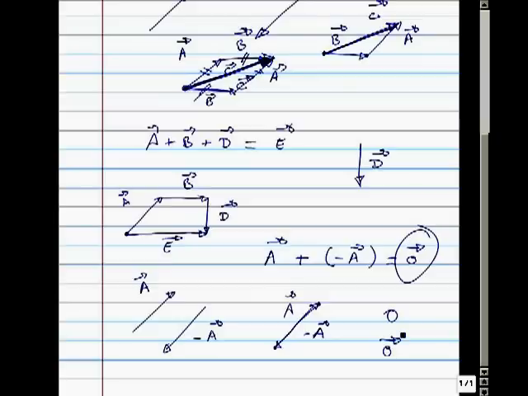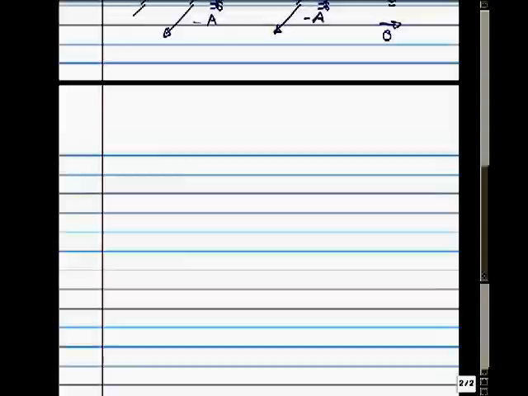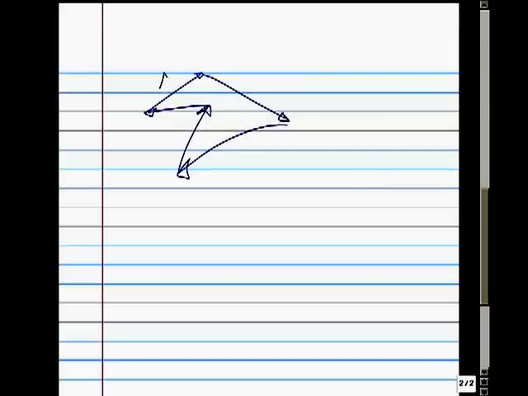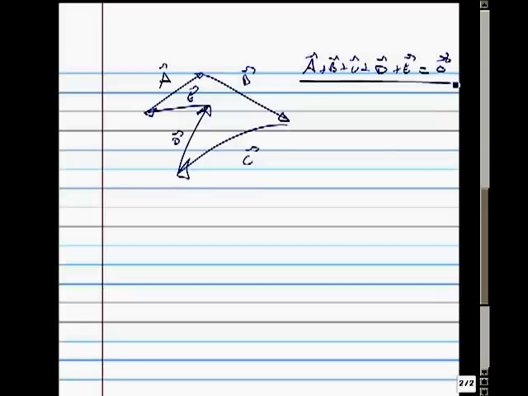You can end up to the 0 vector by adding 2 vectors, 3 vectors, 4 vectors, 5 vectors, as many vectors as you want. A plus B plus C plus D plus E, in this case, will give me the 0 vector.